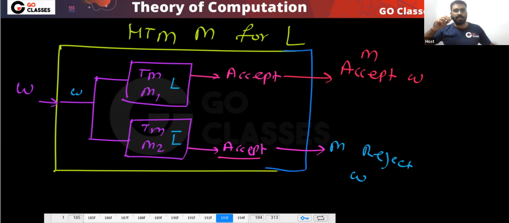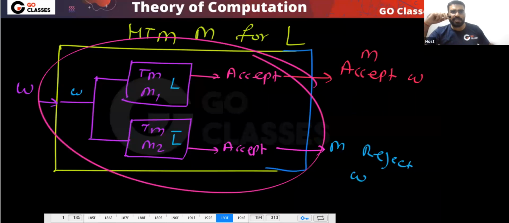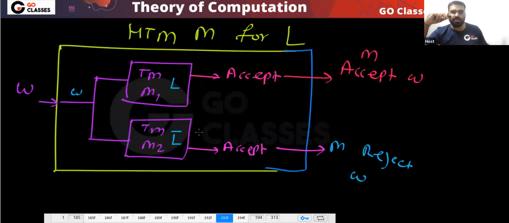Now, can you notice? That's it. My claim is that this machine we have created is a halting Turing machine. How can I guarantee that?